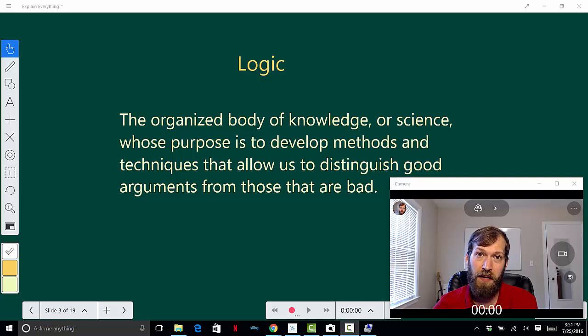And in that way, our own psychological makeup ends up deceiving us. It ends up leading us astray. So you can think of logic as this organized body that's trying to develop these methods, these techniques. Logic is trying to correct for those psychological failings that we have.